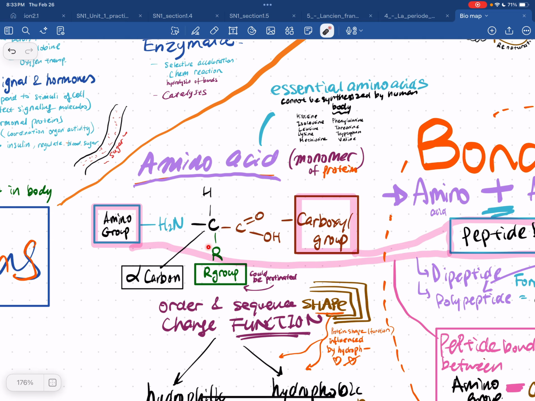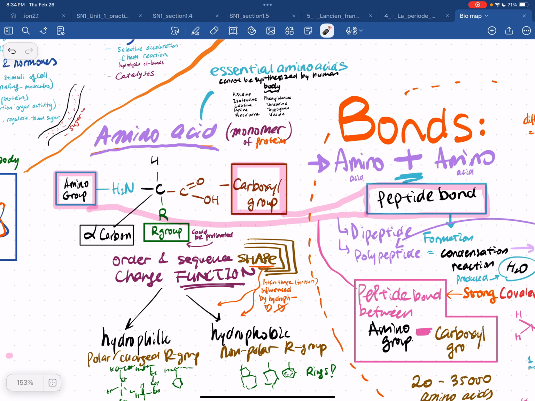Each amino acid will bond to form a protein, but I should say an amino acid chain. A linear chain of those is called a polypeptide.